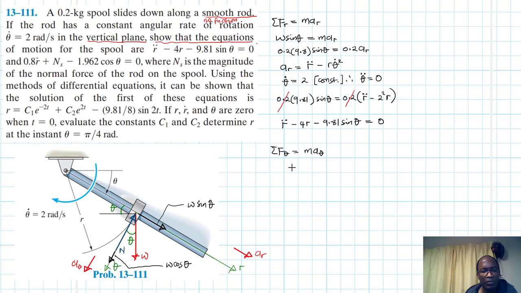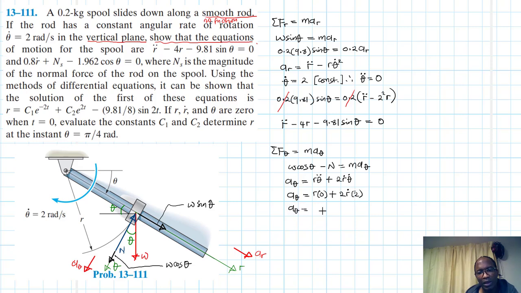We have W cos theta minus N equal to m a_theta. Our a_theta is equal to r theta double dot plus 2 r dot theta dot, and our a_theta is just going to be equal to r by 0 plus 2 r dot by 2.